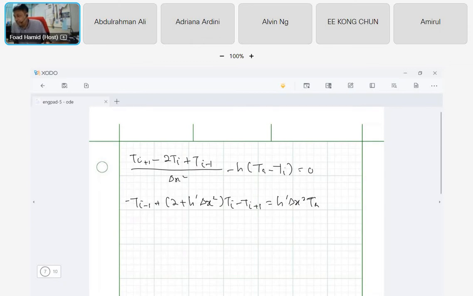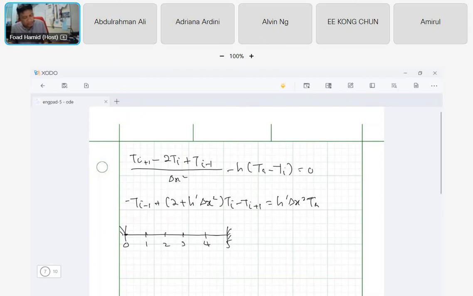So we set T0 equal to 40. This is our 0, 1, 2, 3, 4, and 5.